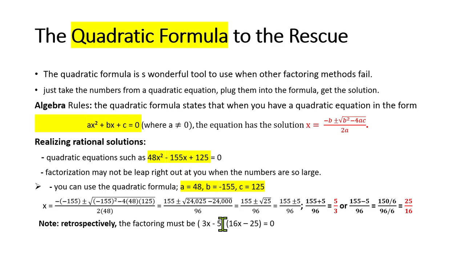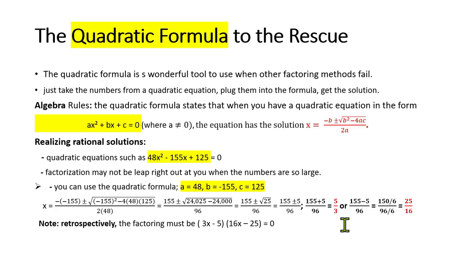So for the 2a, a is 40 here, and minus b is minus minus 155, and b squared is 155 squared, minus 4 times a, which is 40, times c, which is 125. And then you simplify that, you get 155 plus or minus 5 over 96. Fortunately, the square root of 25 is 5.